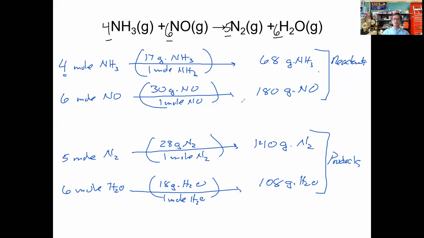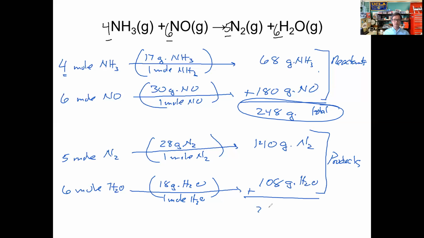Real quick here, let's add these up. We end up with 248 grams total. This is the total mass of the reactants. And if you notice here, we end up with 248 grams total mass for the products.